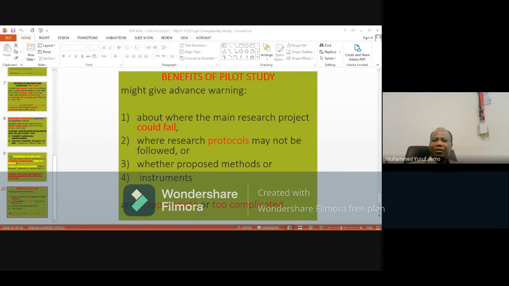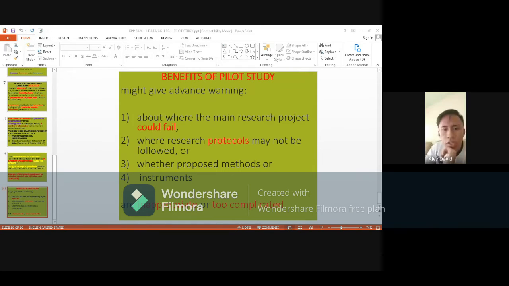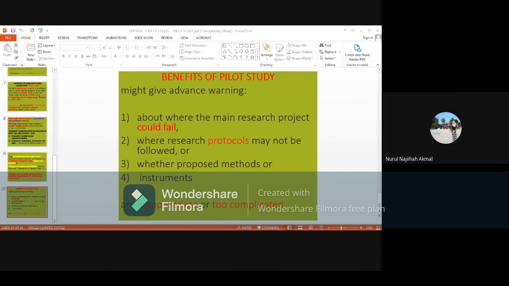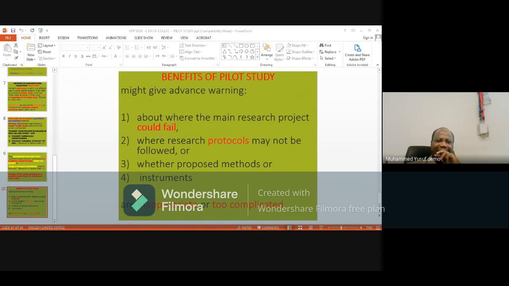Alex, what do you know about pointer? What is the meaning of that in your understanding? Point. CGPA. Marks. Okay, marks. Do you know another meaning for that?